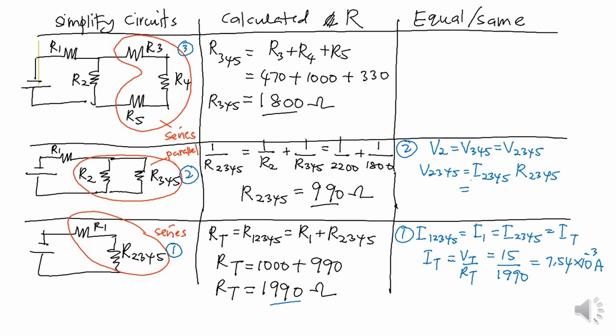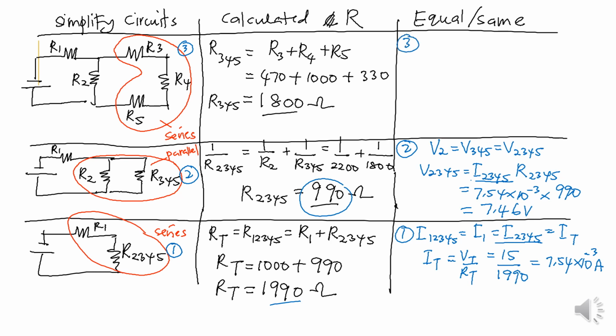So I2345 adalah ini. Okay, sama. So kita dapat 7.54 times 10 to the power of negative 3 times R2345 is 990. So kira, awak akan dapat 7.46 volt.